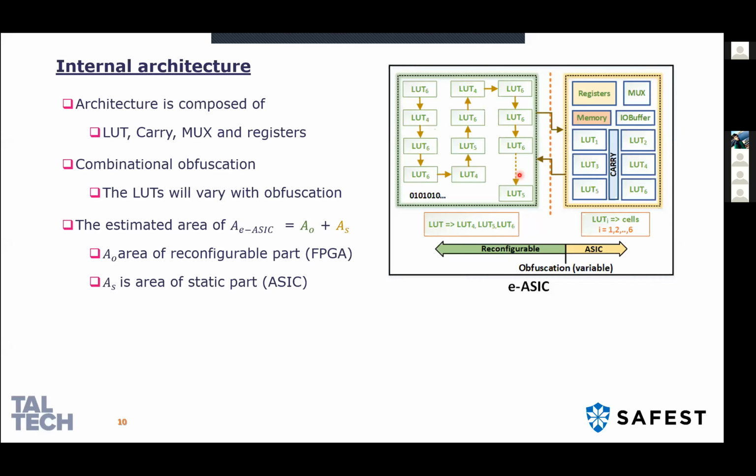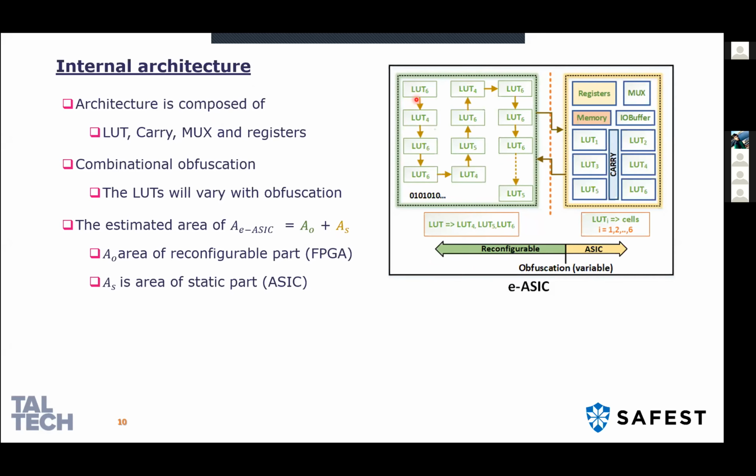Concerning the generic overview of the internal architecture, the embedded ASIC is composed of LUTs, carry, mux, and registers. Because we are performing combinational obfuscation, in this figure the green part is the reconfigurable part, and the yellow part is the ASIC part.